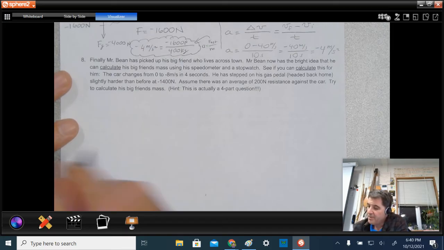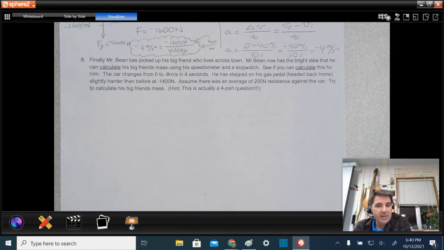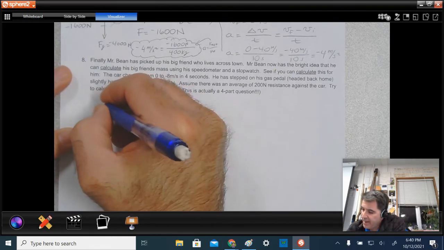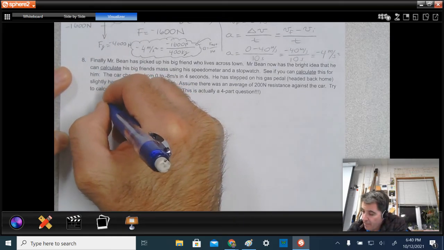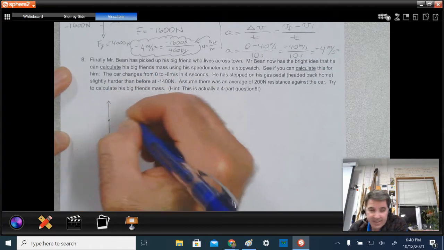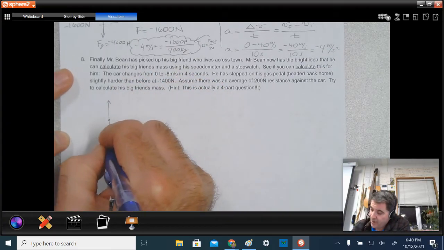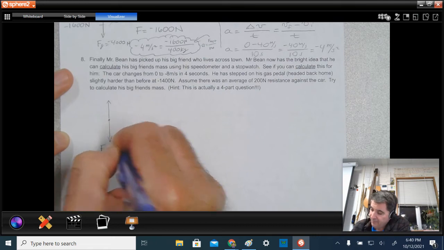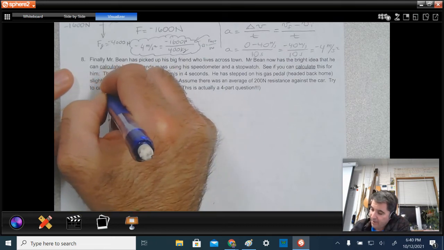All right. So what we got here is we have our force diagram just like before. But in this case, the problem is we don't know Fg and we don't know Fn.